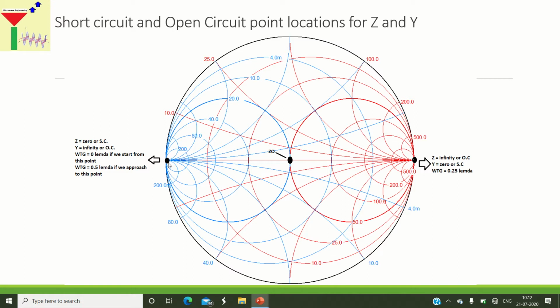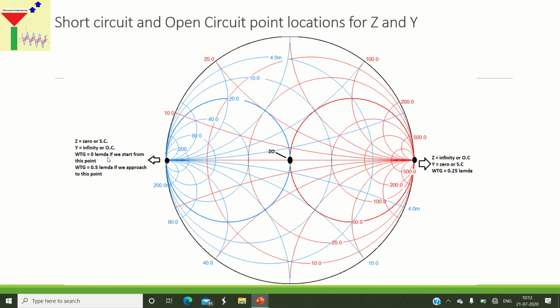Now please remember a very important thing. Whenever you start from this particular point going clockwise, we need to treat the WTG value as 0 lambda.